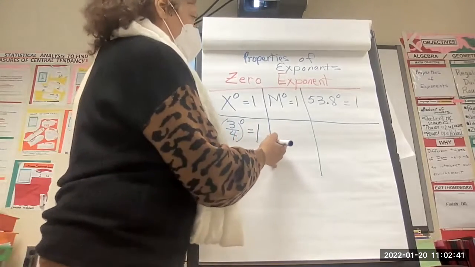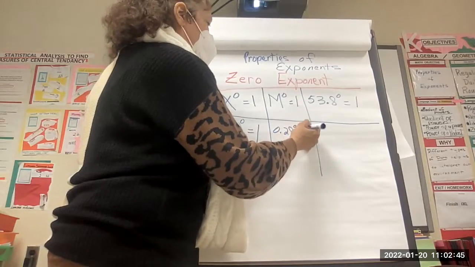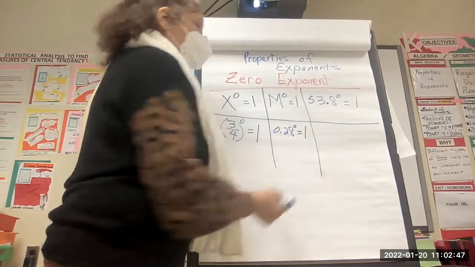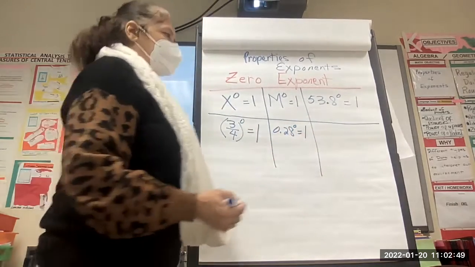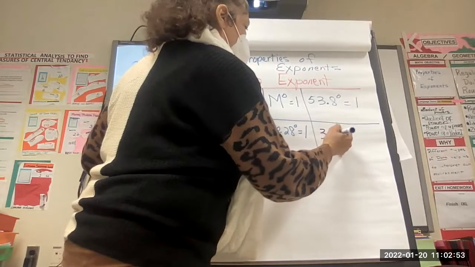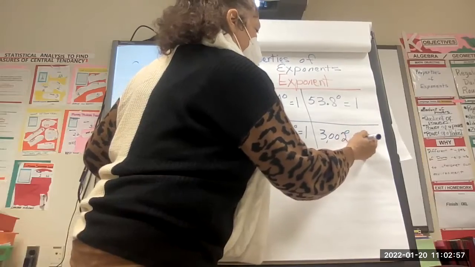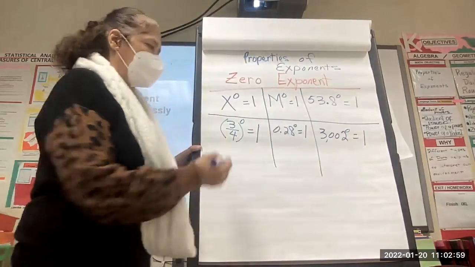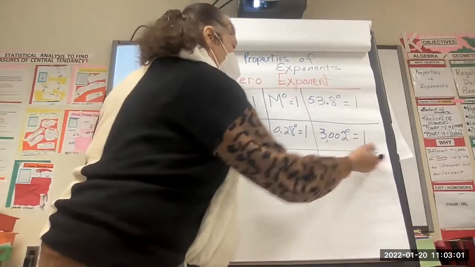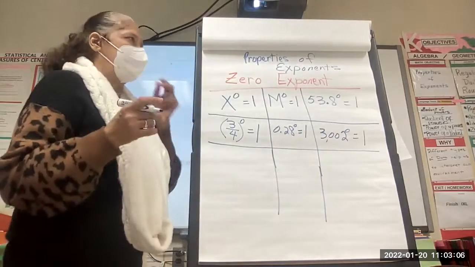If I give you 0.28 quantity to the 0 power, it's equal to 1. If I give you 3,002 quantity to the 0 power, it's still equal to 1. So no matter what the number is, if it's taken to the 0 power, it's equal to 1.